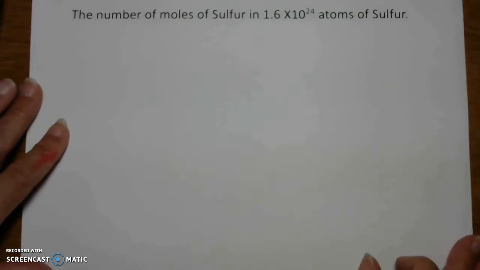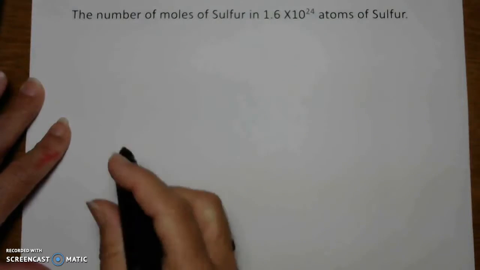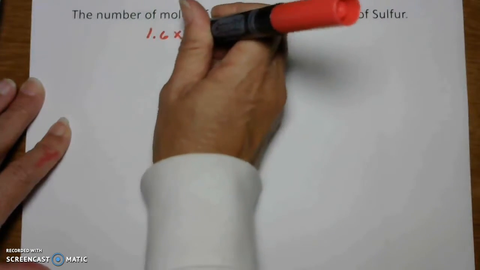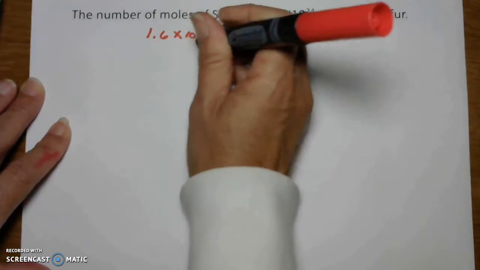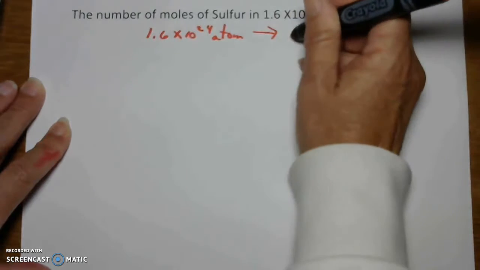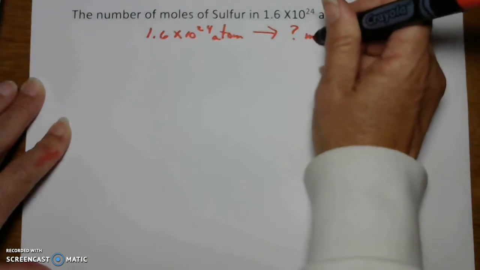Here we're asked the number of moles of sulfur in 1.6 times 10 to the 24th atoms of sulfur. So we're starting with 1.6 times 10 to the 24th atoms, and we're asked the number of moles.